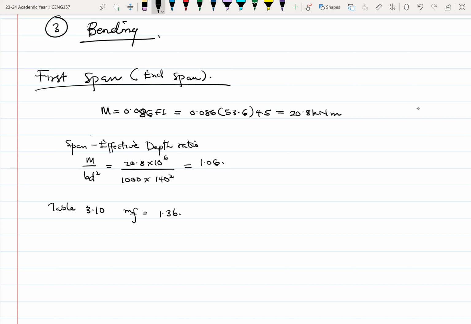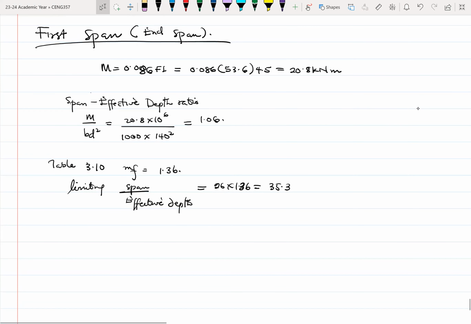So it means that our limiting span to effective depth will be 26 times 1.36. So this should be equal to 35.3. Great. Okay. And then whatever we are working with would be the actual, which will be the 4,500 over our 140, and this is 32.1.